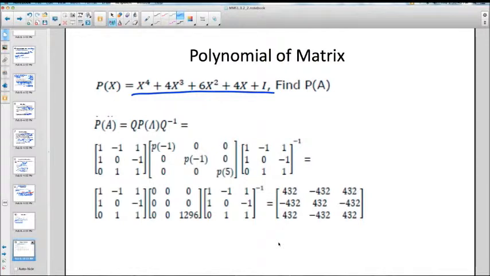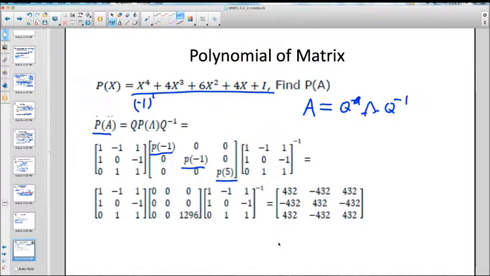The best way is to use the eigen decomposition. You write A as Q lambda Q inverse. Then for P of A, all you need is to look at P of the 3 eigenvalues. Let's do at least one.